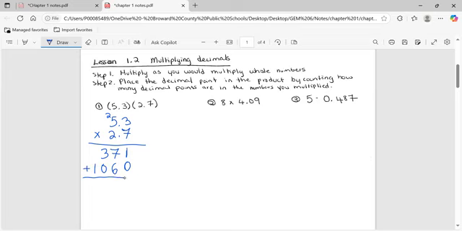And then I would add: 1 plus 0 is 1, 6 plus 7 is going to give me 13. 3 carry the 1, 3 plus 1 is 4, and then I have my 1. Now when you're done adding, everything's all good, that's my answer. I'm going to count the decimal places that I have. This one had 1, and that one had 1, so altogether there are 2 decimal places. In my answer, I'm going to go back 2 decimal places, boom, there it is at 14.31.